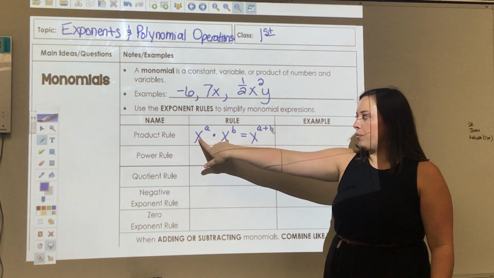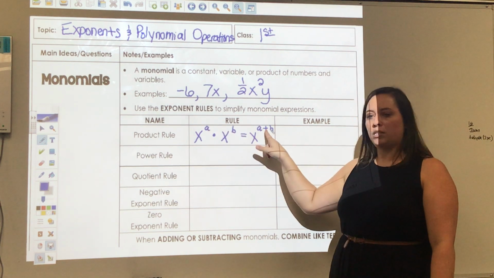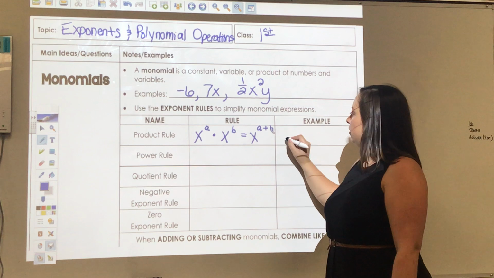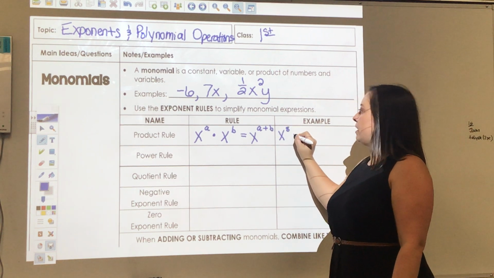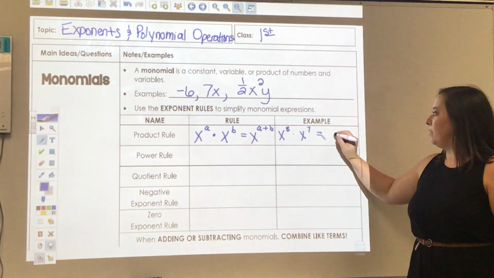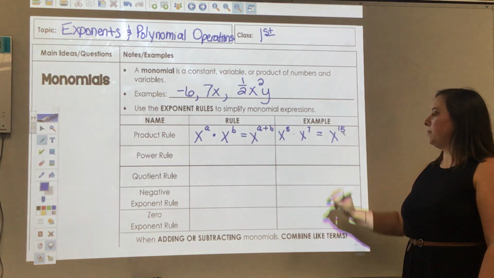All it's telling you is that when you are multiplying monomials, we add our exponents. So over here we'll have an example with actual numbers. If I had x to the 8th times x to the 7th, this would become x to the, add your exponents, 15.